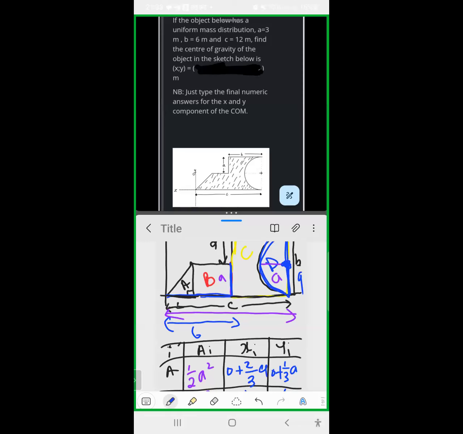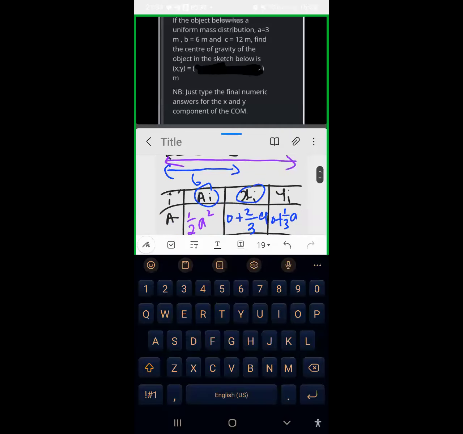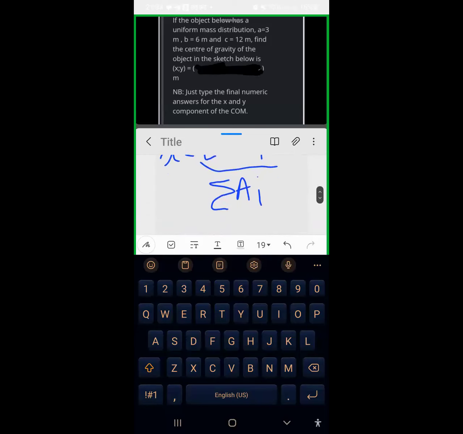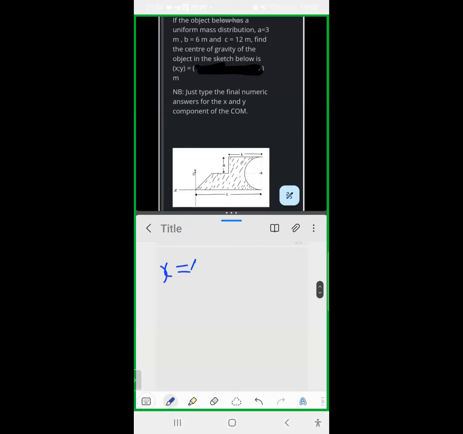Okay, therefore, for x center of mass, we're going to multiply Ai by xi for each and every shape. So for the first one, it's 1 over 2 a squared multiplied by 2 over 3 a.